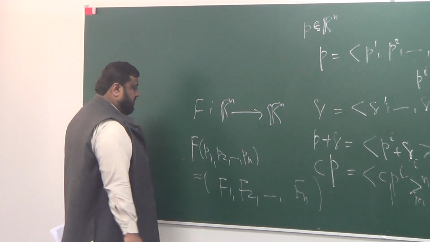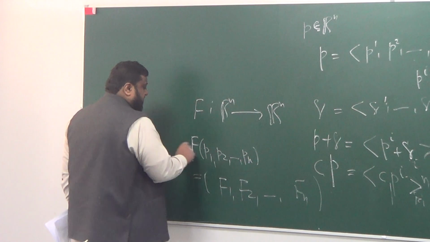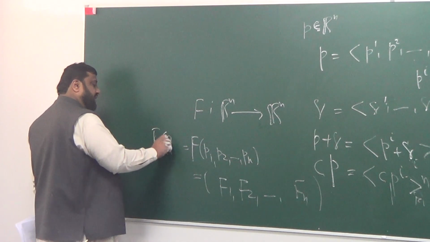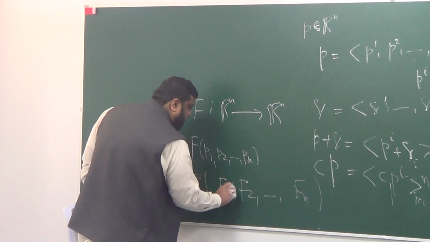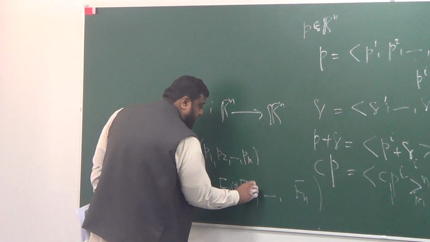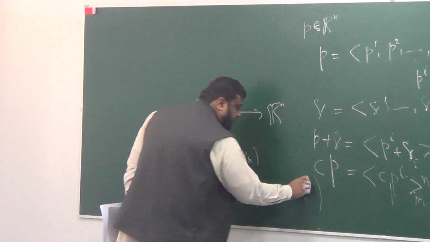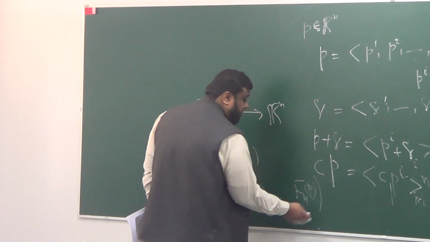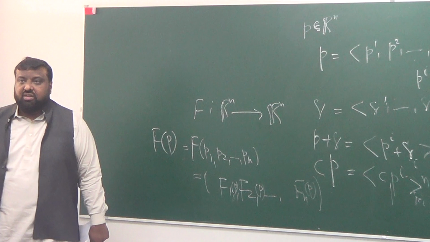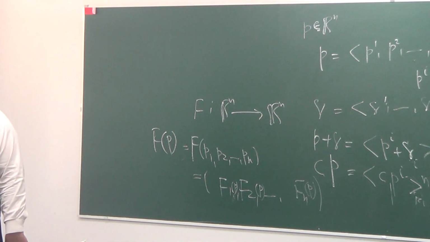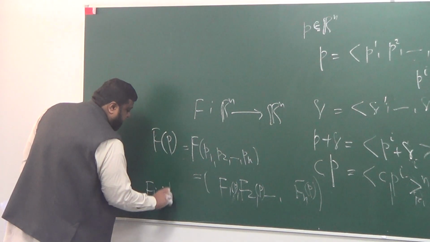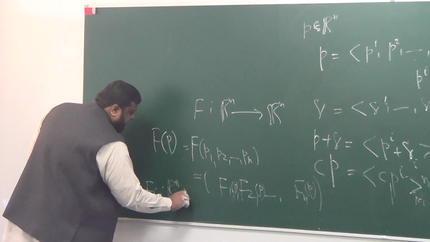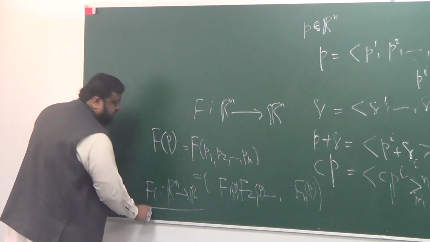If this point is P, then all these are evaluated at P as well. So these are now functions. You're not getting one static vector, but you are getting a bunch of Fi's.